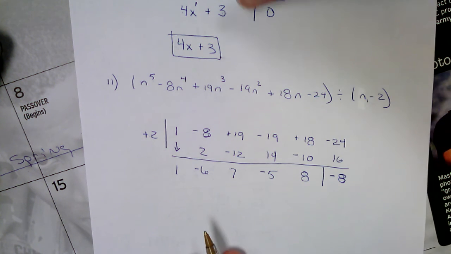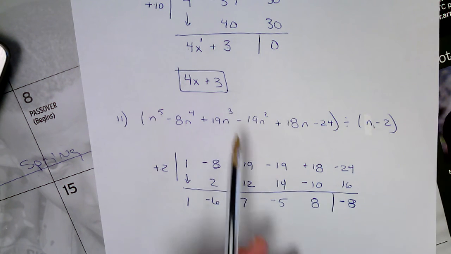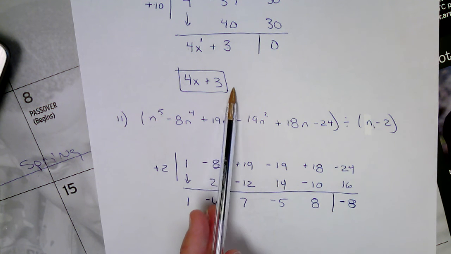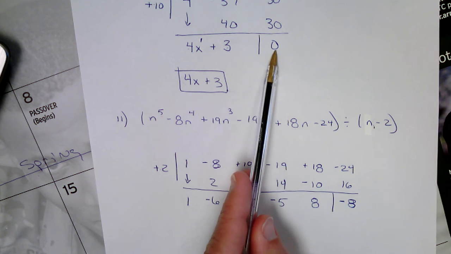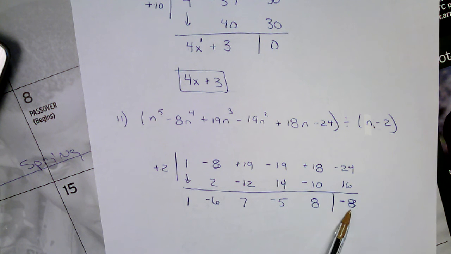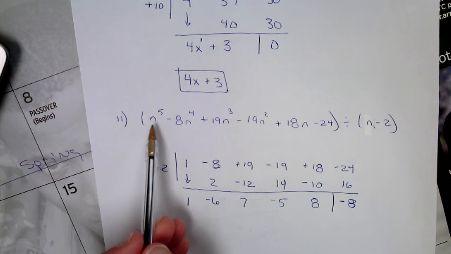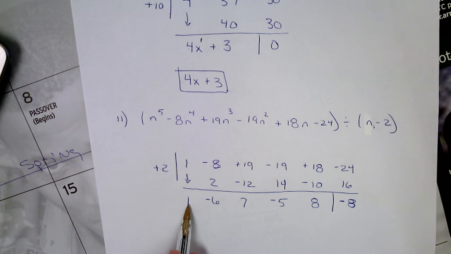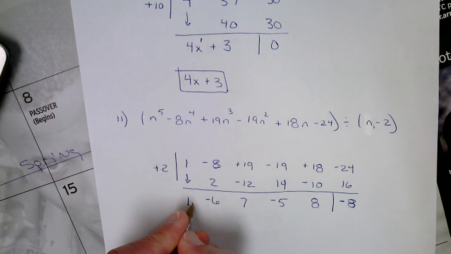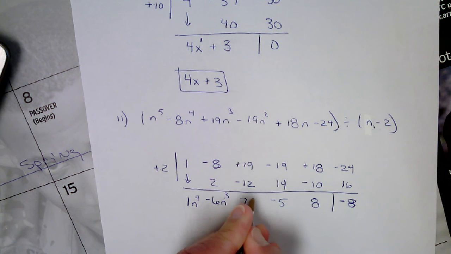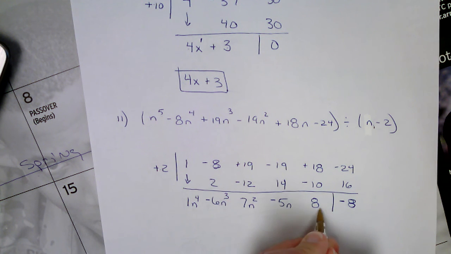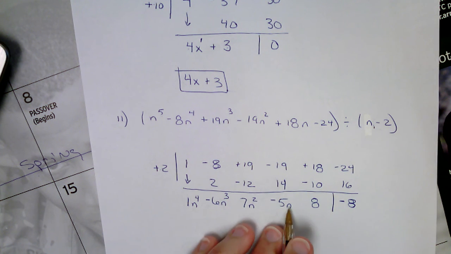Now notice in the first one we had 0, which means it worked out nicely. And this becomes an important point to remember, which we're going to come into on Thursday: the difference between having a 0 here and having a negative 8, or a remainder, down here. So on this second one, remember we have n to the 5th is what we started with. So this is going to be 1 n to the 4th, n to the 3rd, n squared, n, and there's no n. 4, 3, 2, 1, and nothing.